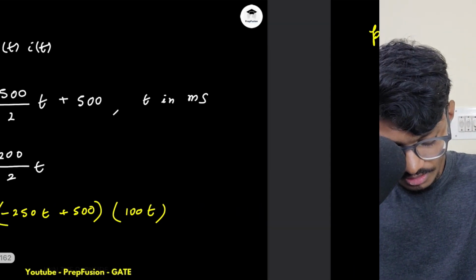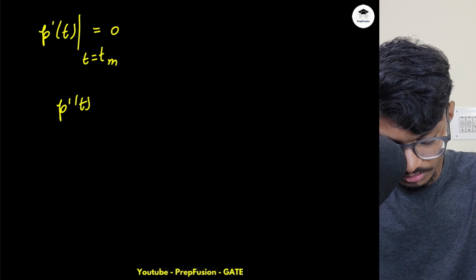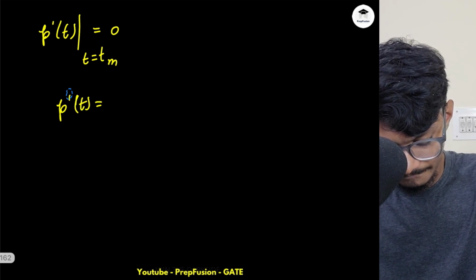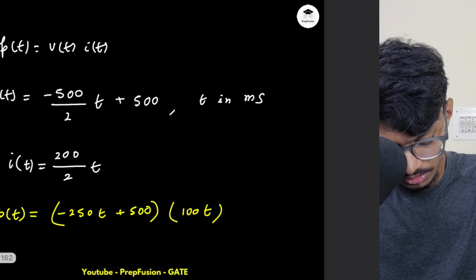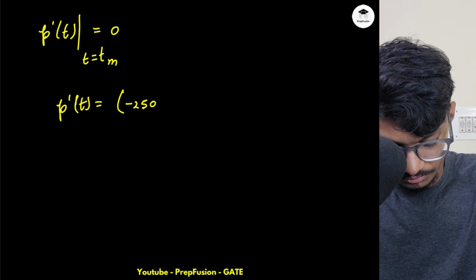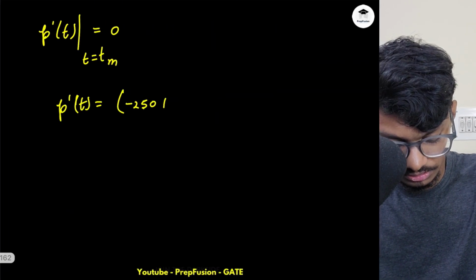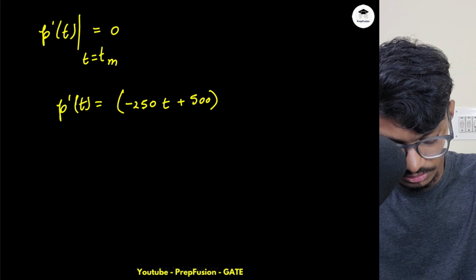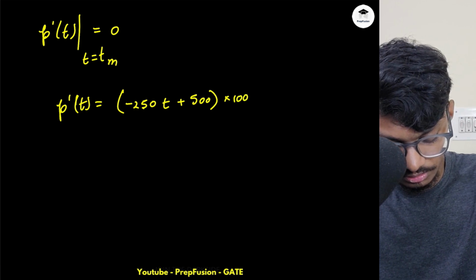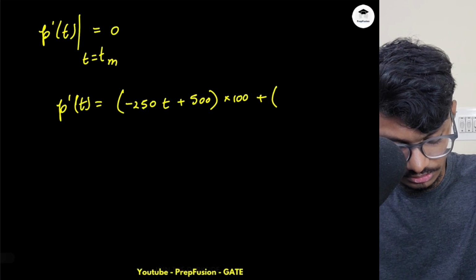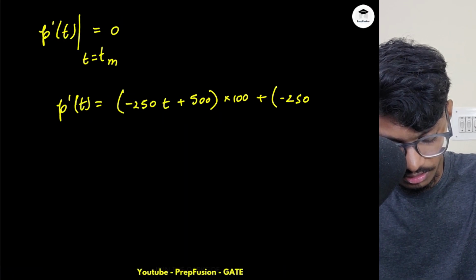So if I take the derivative of P dash of t, it will be minus 250 t plus 500 into 100 plus minus 250 into 100 t.